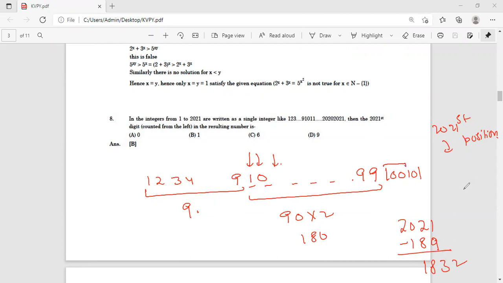So 1830, you just divide by 6. 1830 is divisible by 6, right? 1830 by 6. Sorry, not by 6, 3. 1830, if you divide by 3, you will get 610. So you need 610 more numbers here. So 1830 will come.